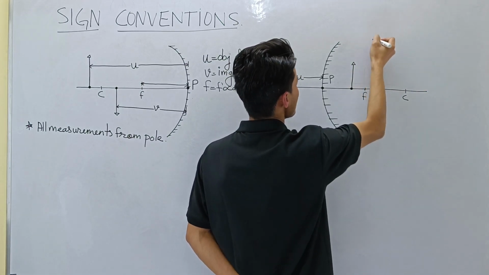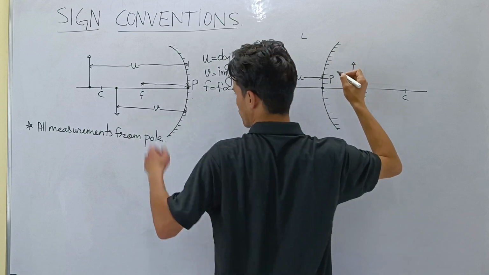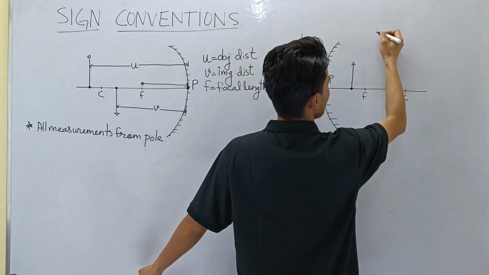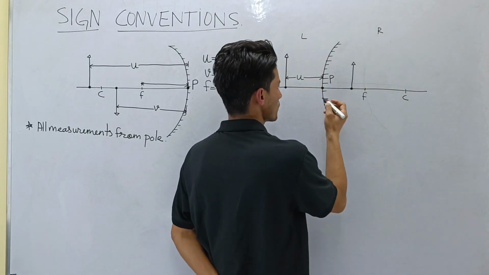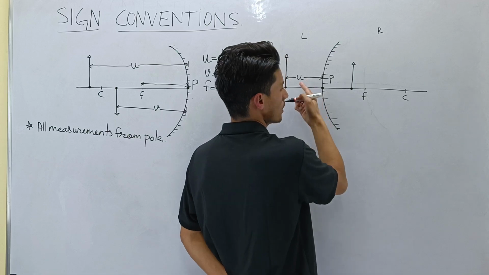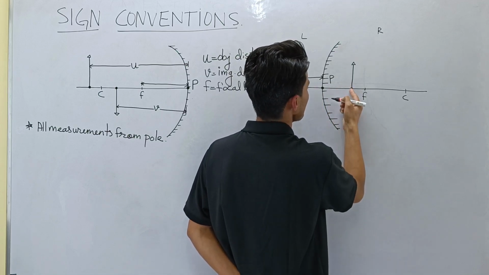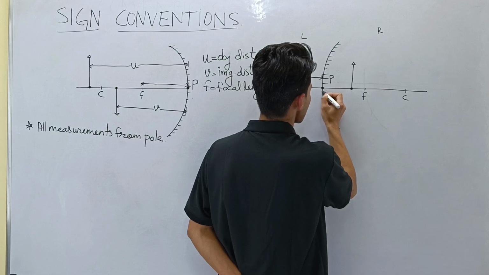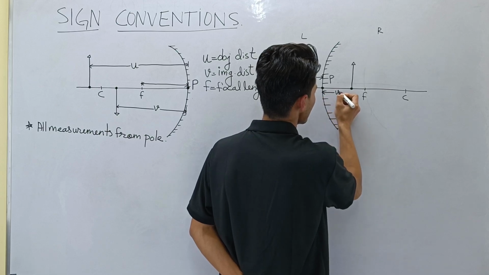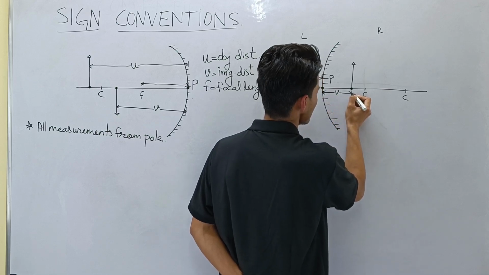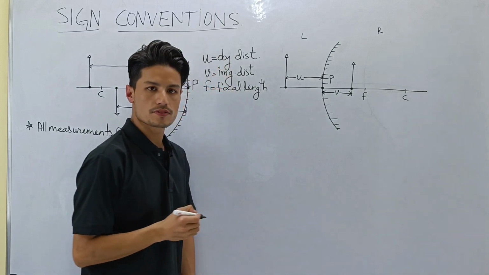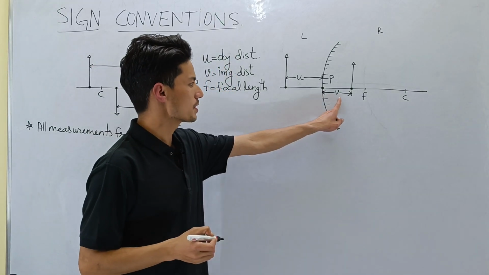This is the right side, this is the left side. Now let's label the image distance, from here to here. I hope it is visible to you all. This is the image distance.